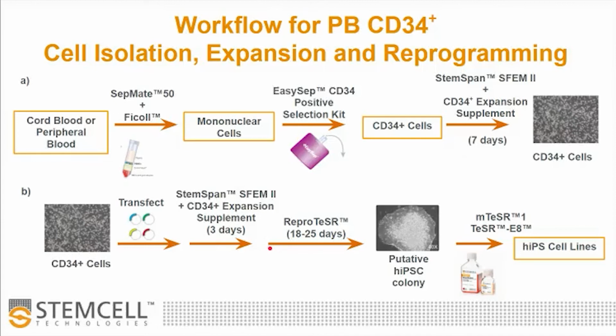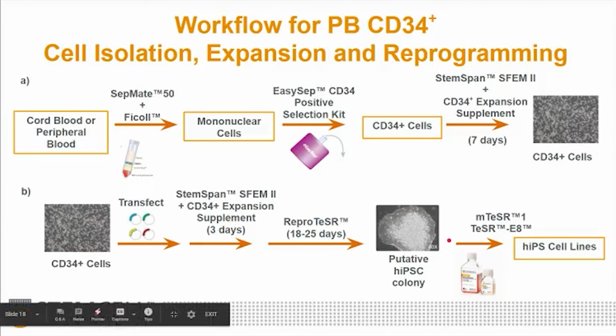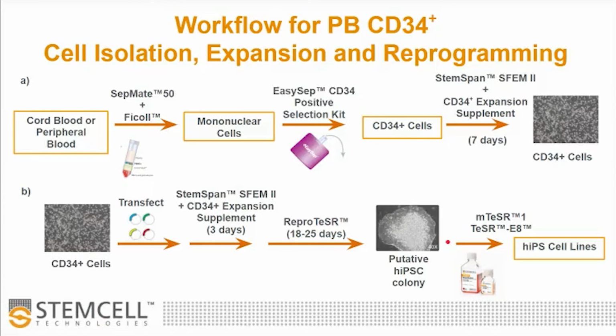After 3 days, we do a fed batch change into ReproTeSR, which I'll show you on the next slide. And you keep those cells in ReproTeSR for 18 to 25 days until you see this new putative human iPSC colony coming up. And then again, like you saw in the video, you would pick that iPSC colony into mTeSR1, TeSR-E8, or any of our maintenance media.